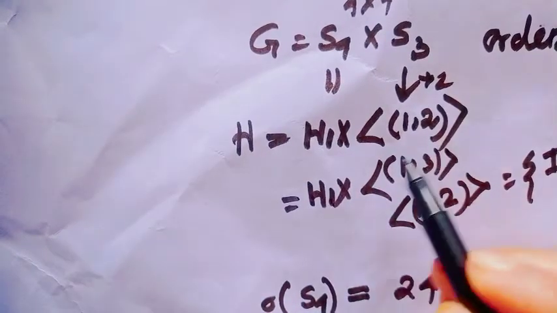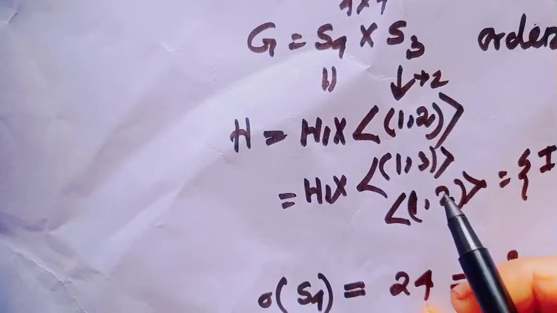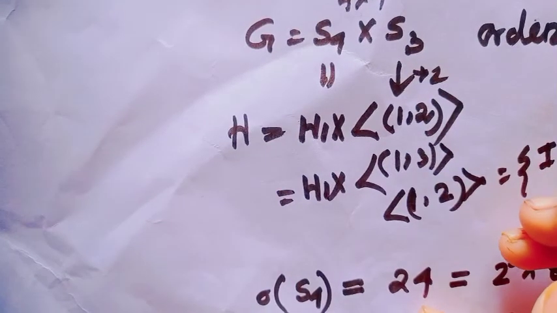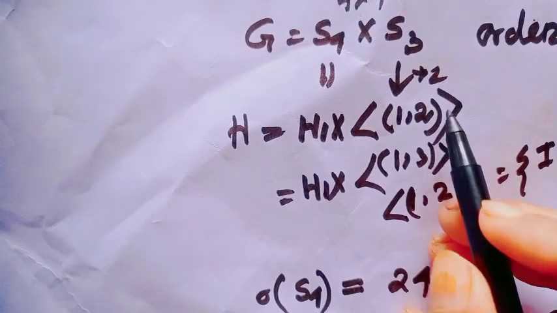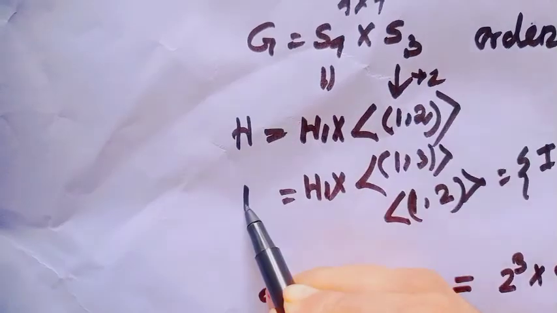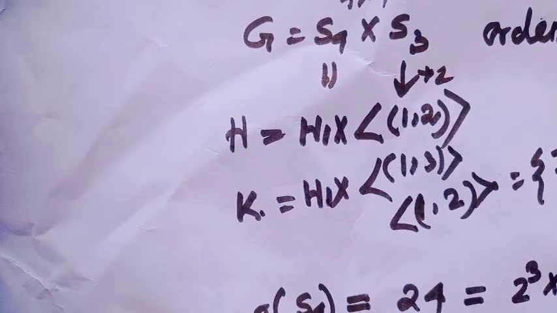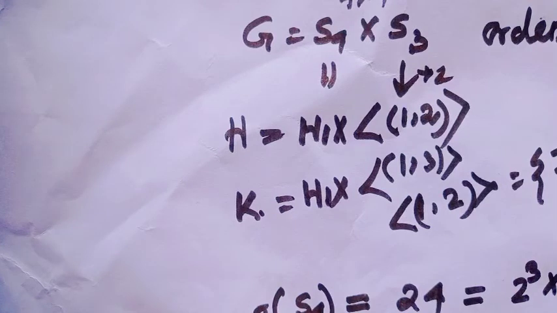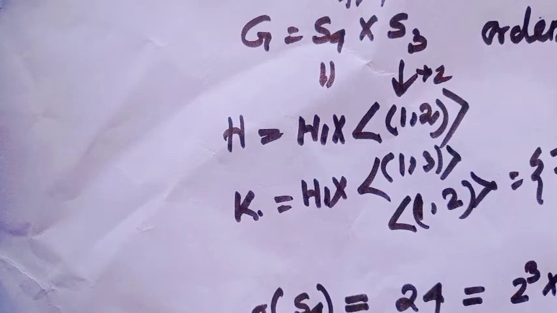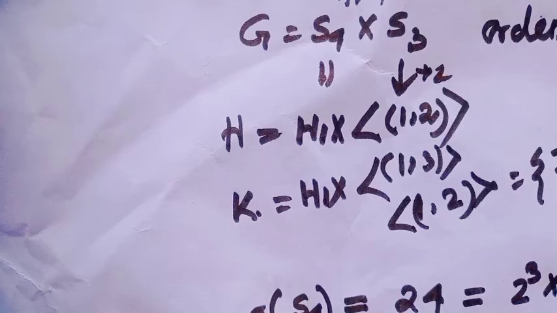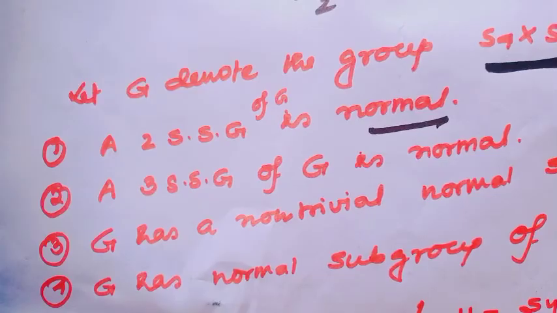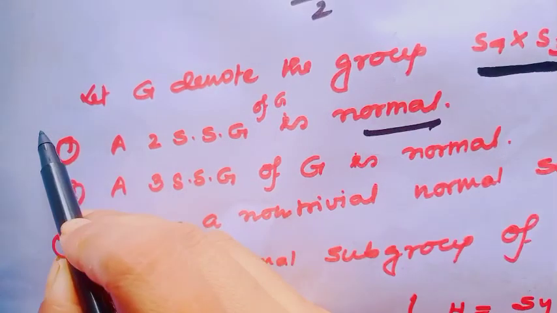Then this subgroup would also be an order 16 subgroup. But this is different from S. Consider this is K. And I have got one subgroup which is different from S. So the 2-Sylow subgroup cannot be normal because this is not unique. So option 1 is a wrong option.